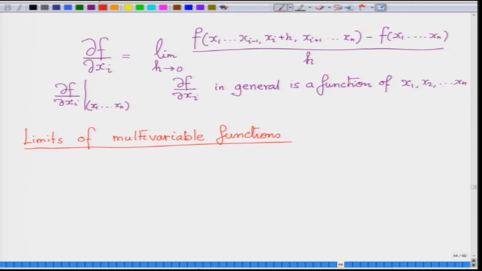So, when I am talking about limits of a multivariable function, let me first look at a function from R2 to R, and then let us see what is the meaning of limit in that space.